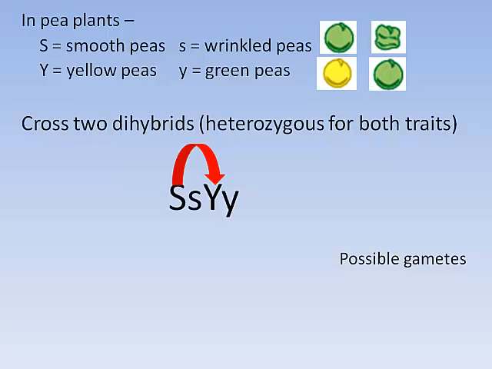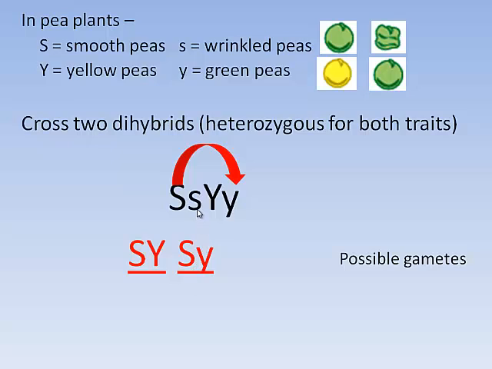First thing we do is we take the first allele and we match it up with the first allele for the next trait. And that would give us a gamete with these two alleles. Then we match up the first allele with the second allele of the second trait. That would give us this gamete.